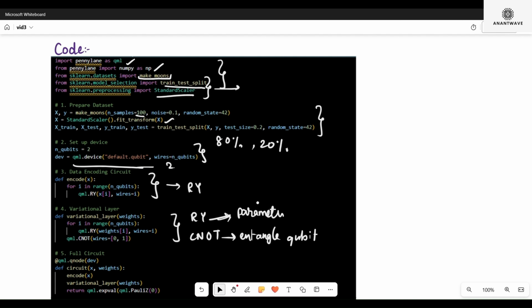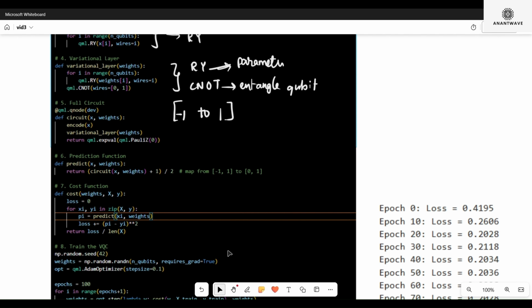And then I'm applying a full circuit with the encoding and variational layer functions together. Here I'm measuring the expectation value using the Z operator. The output will range from -1 to 1. As I'm applying Z, the output will be interpreted as a prediction score.